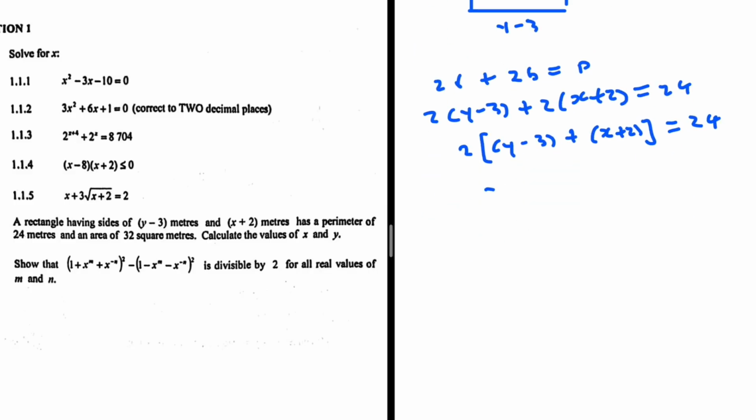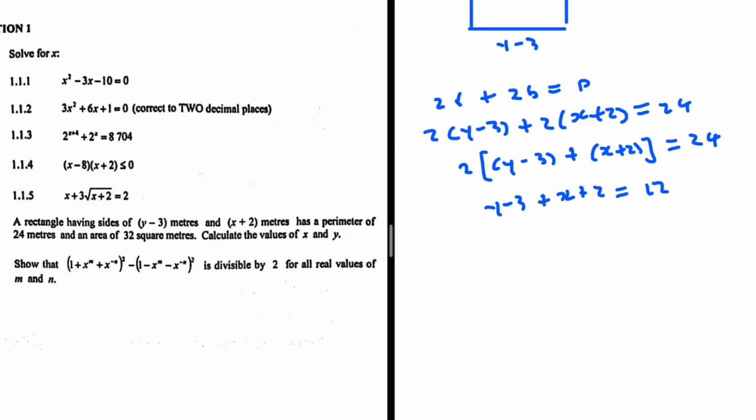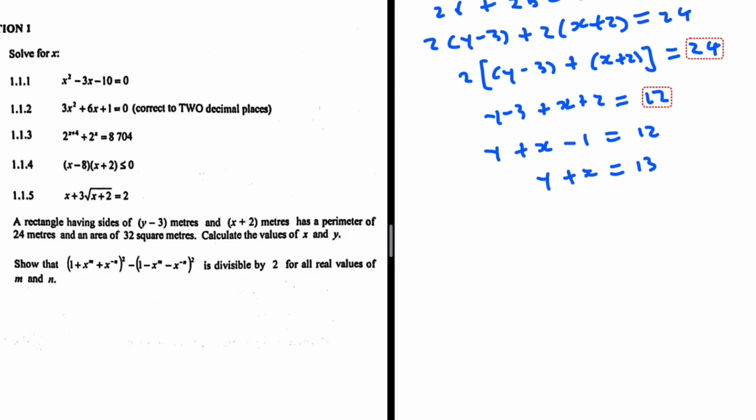So this is y minus 3 plus x plus 2 being equal to 12, x plus 2, not x minus 2, right? So we're going to have x plus y minus 1 being equal to 12. So y plus x is equal to 13. So x is equal to 13 minus y.